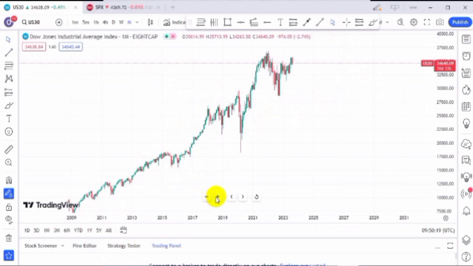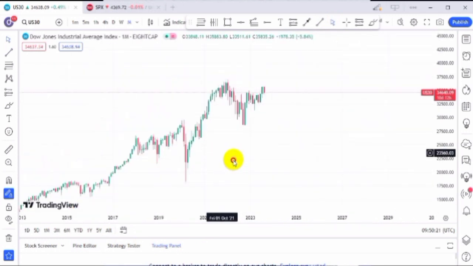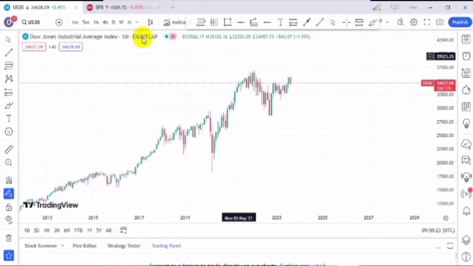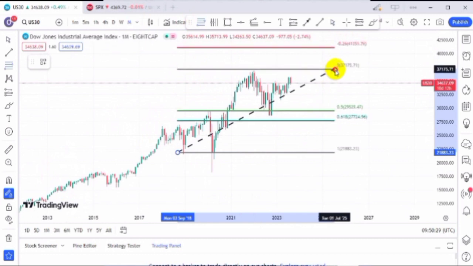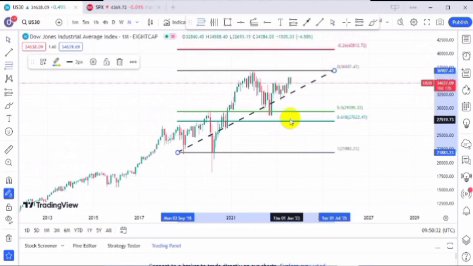So if I want to do more investigation on what the market is doing, I can just bring out my Fibonacci tool like this. We can see clearly that the market has retraced into the 0.5, 0.6 region of the Fibonacci. And we know when the market retraces, it's heading back.